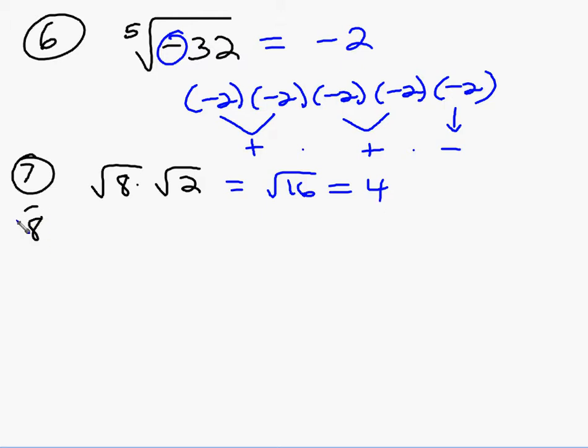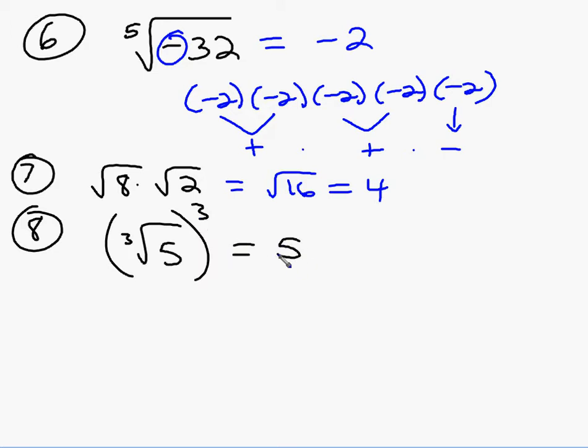Be a good idea to keep your notes handy tonight. See all these examples. How about the cube root of 5 cubed? If you see this, you'll say, yay, I like this one. It's just 5, right? That's easy.